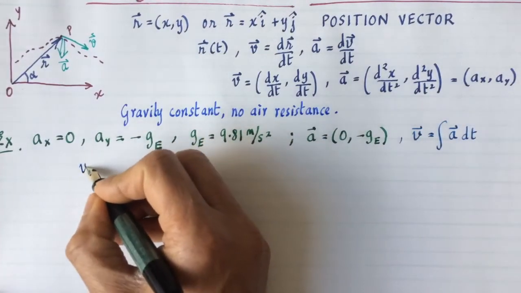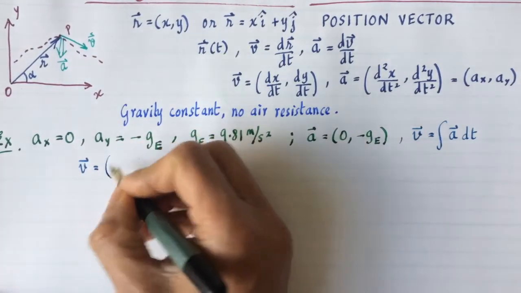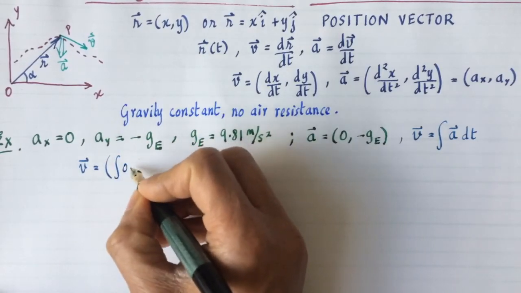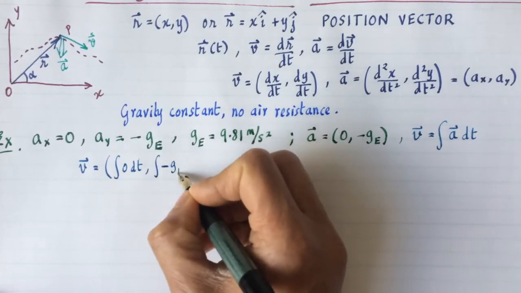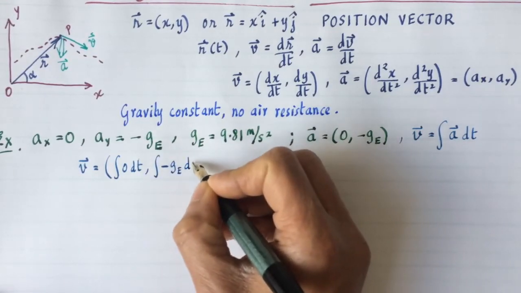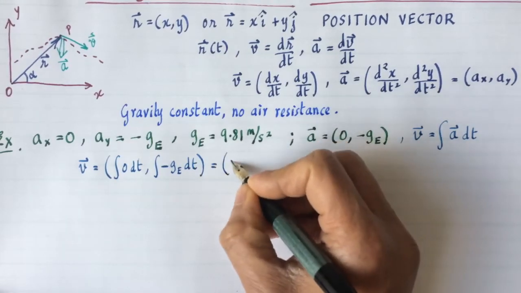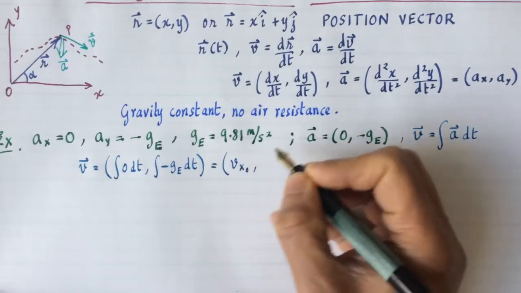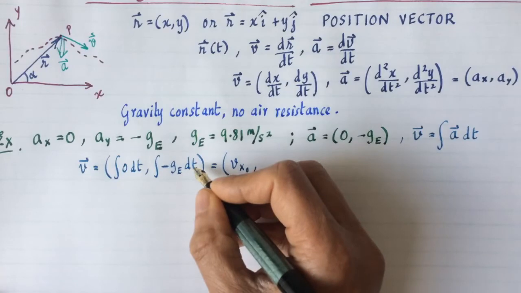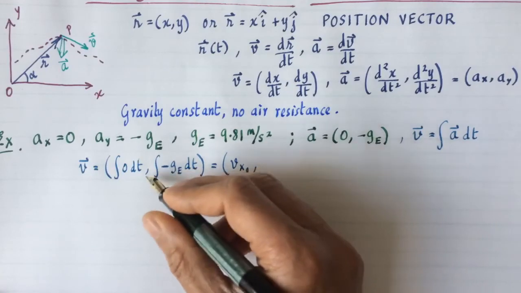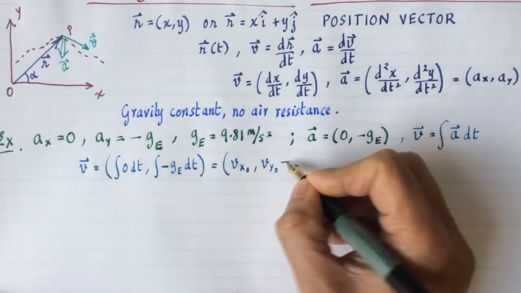So I can write the velocity v equals, when I integrate, the integral of 0 dt and the integral of negative g sub e dt. Well, the integral of 0 is just a constant. That constant is the initial velocity in the x direction. When I integrate g sub e times dt, I can take the negative g sub e outside, and the integral of dt is just t, along with the constant, which is the initial velocity in the y direction.